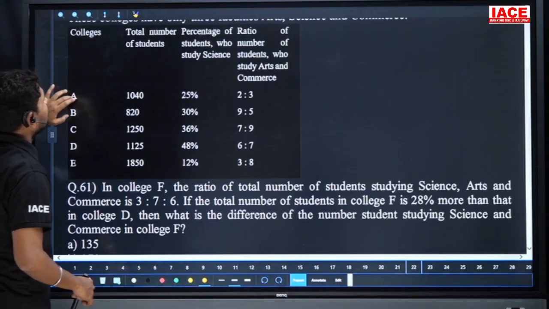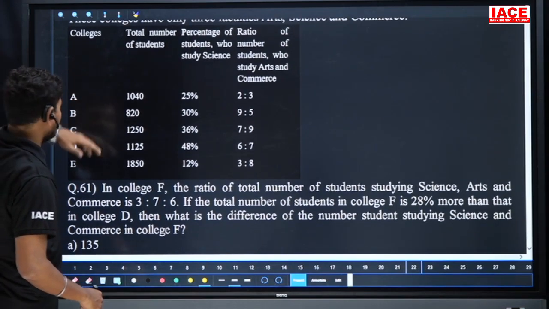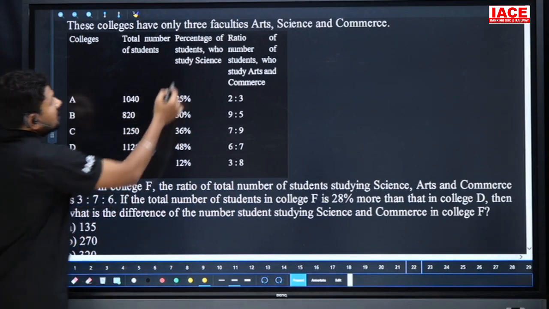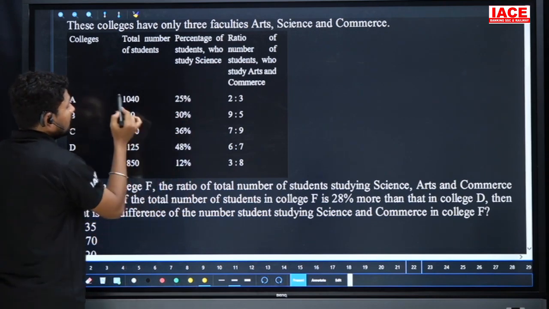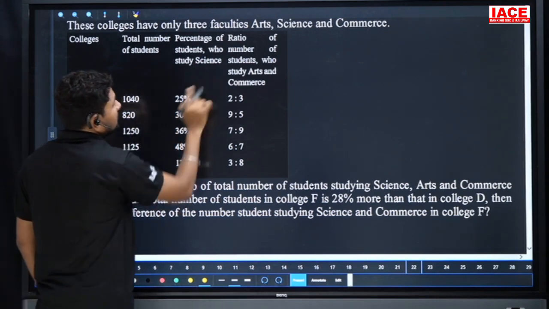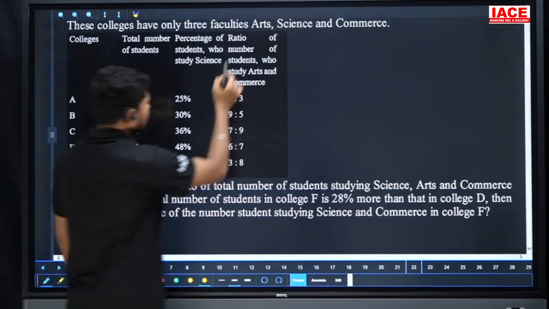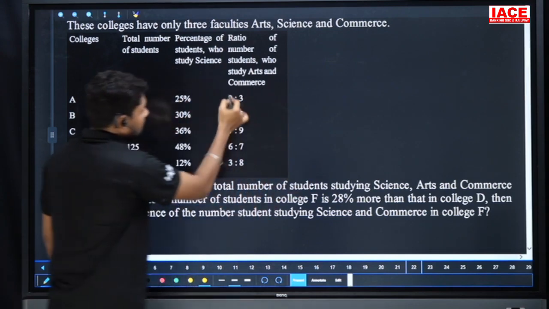We have to calculate the colleges' total number of students, the percentage of students who study science, and the ratio of the number of students who study arts and commerce. Science is 25 percent, so the remaining arts and commerce belong to 75 percent.